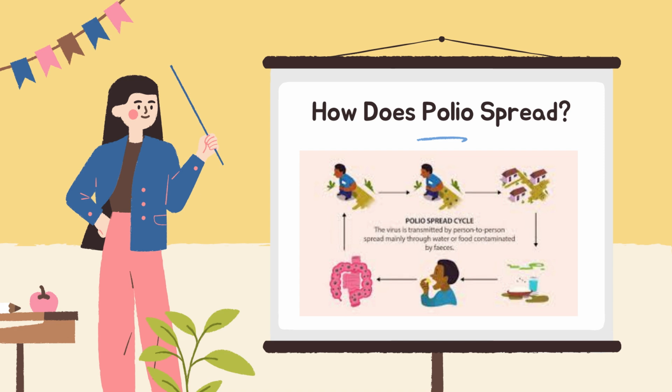How does polio spread? Polio is a highly contagious virus that spreads through: 1. The fecal-oral route, when traces of an infected person's poop enter the mouth. 2. Respiratory droplets, through coughing or sneezing.